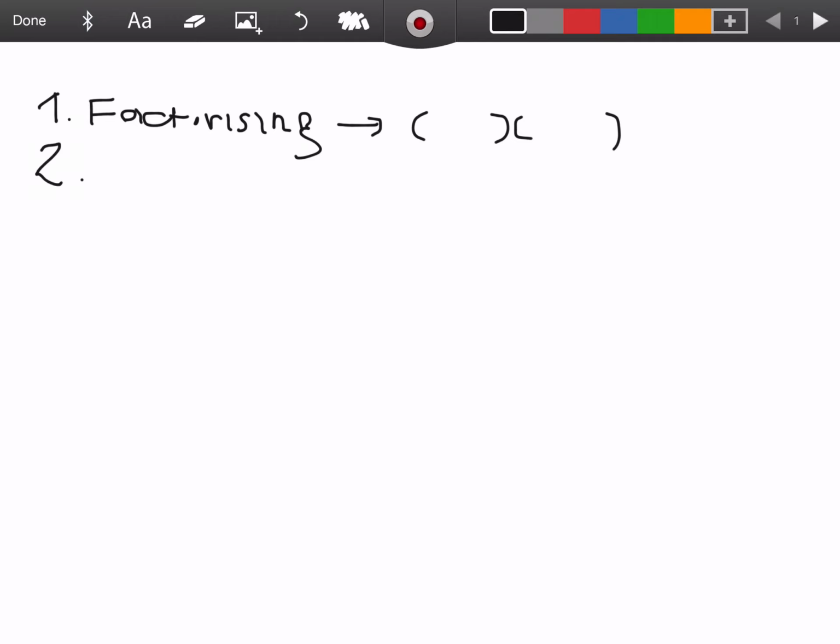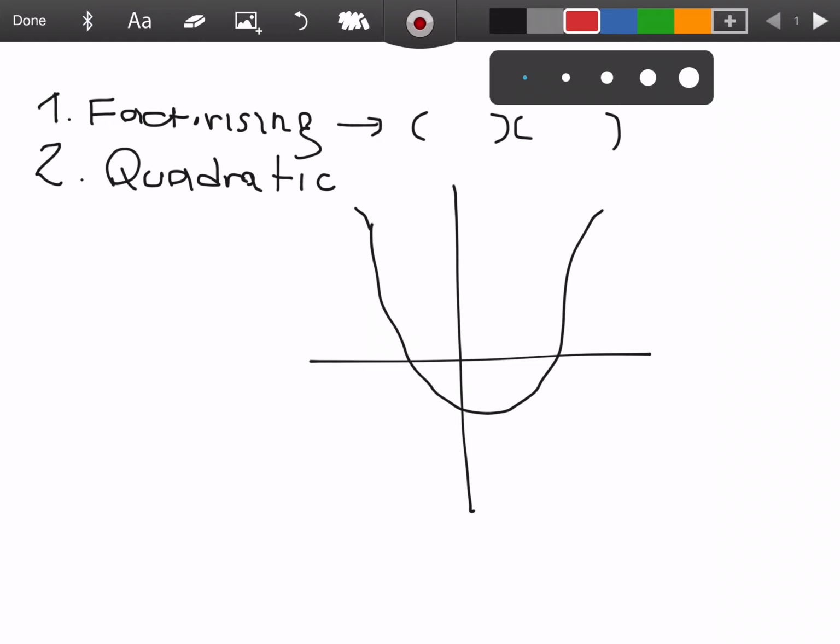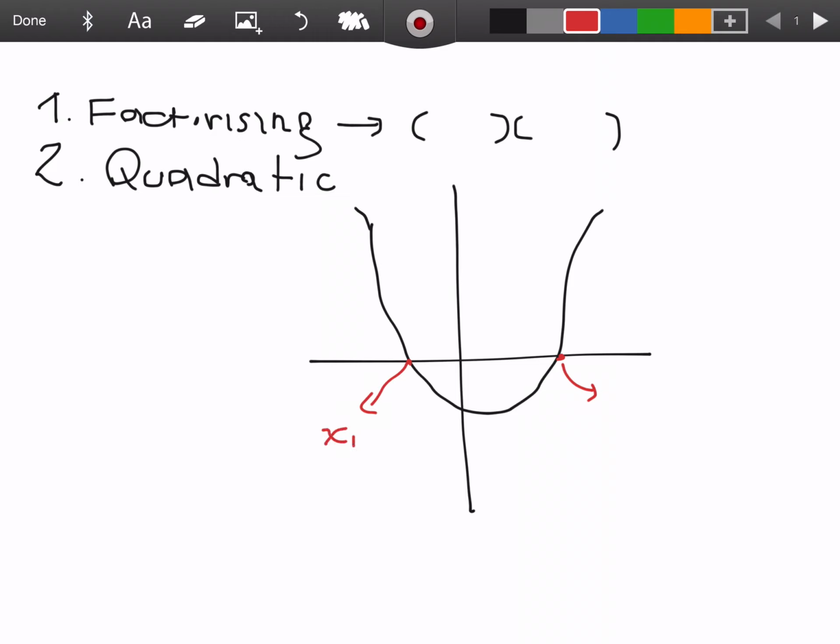Second, in the context of quadratic equations, when you factorize an expression, for example, I have this curve, you are looking for the points that are crossing the x-axis. Those points are called roots, or zeros.